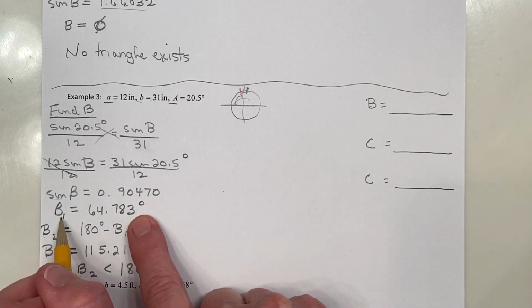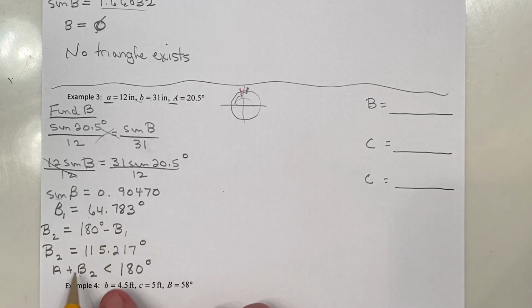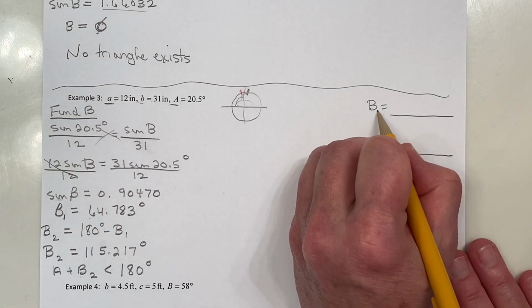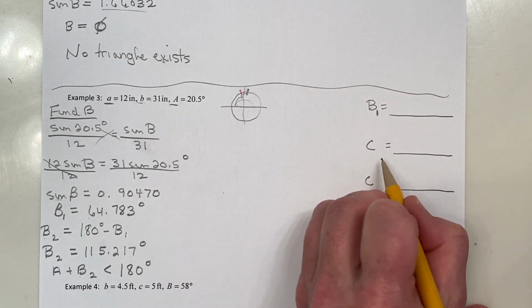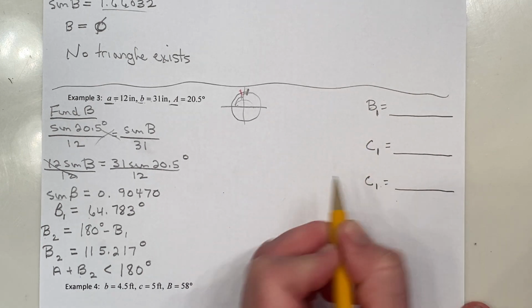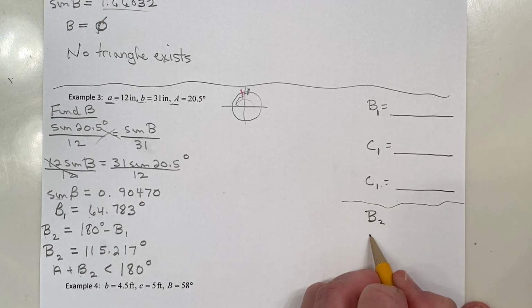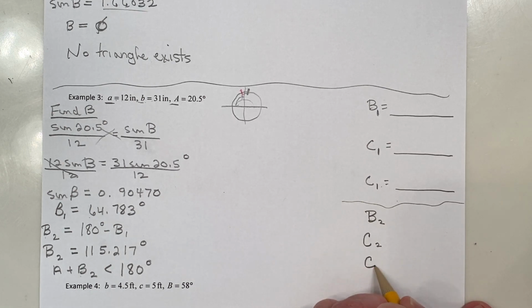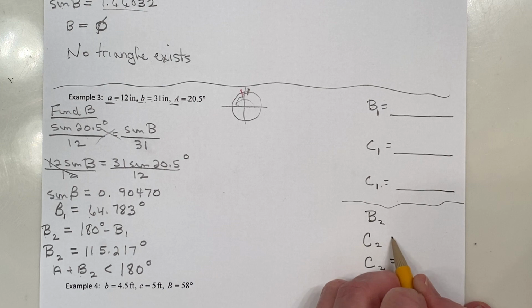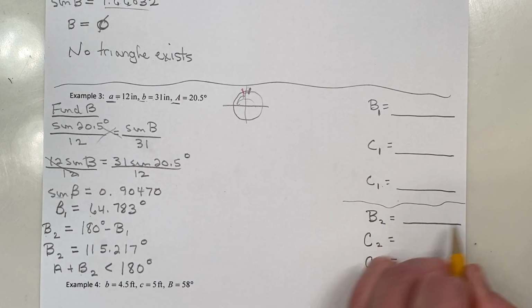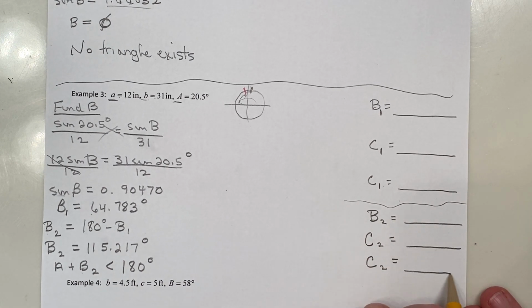One triangle's angle B value will be this, and another triangle's value is going to be 115. So what we're going to do is come over here and create 2 sets of answers. And then I'm going to come down here and do B sub 2 for the second triangle. So, oh joy, we have double the work.